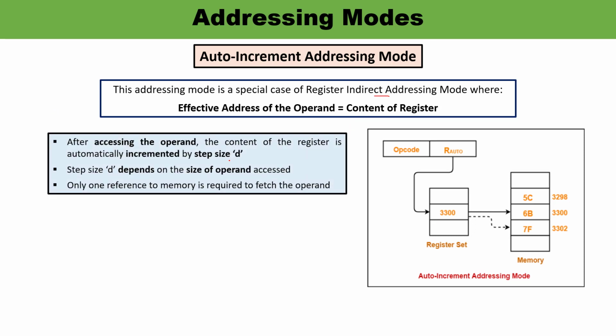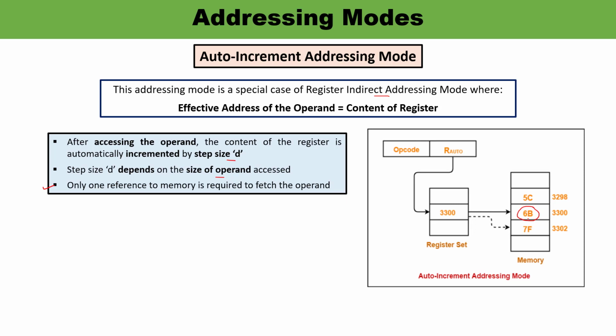If the step size is d, it means the step size depends upon the size of the operand, and only one reference to memory is required here. As you can see in this diagram, let me explain with the help of an example. Suppose the operand size is 2 bytes, right? Initially this pointer is pointing to location 3300 where the content is 6B.